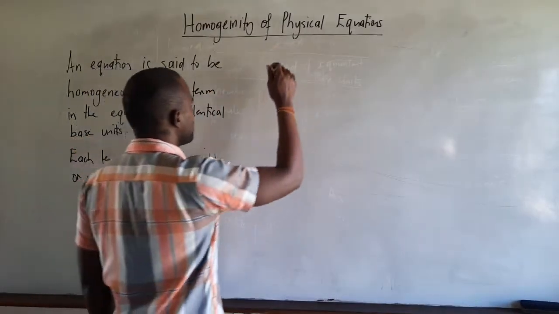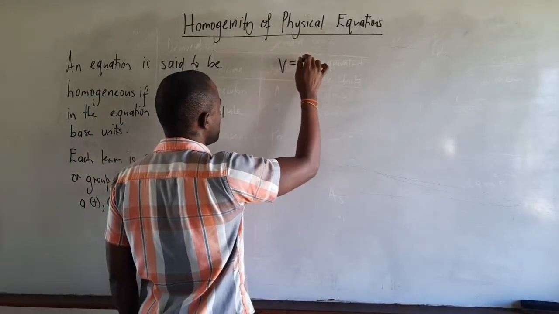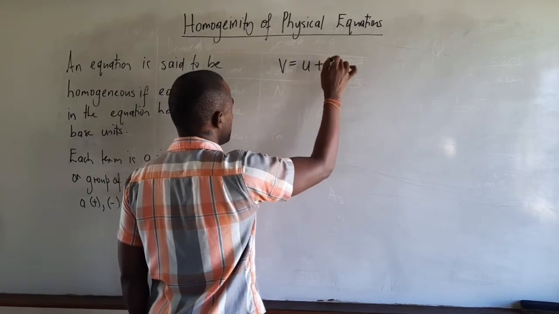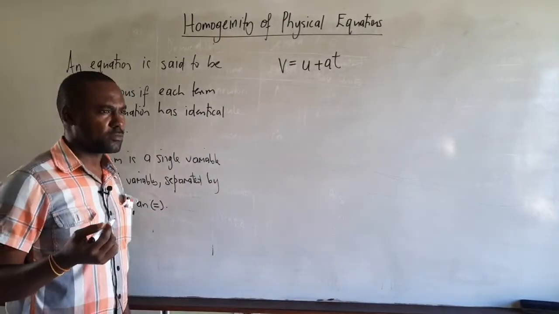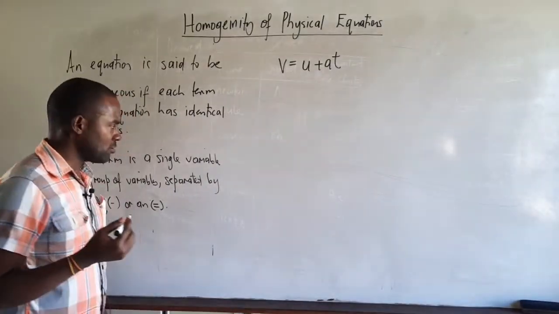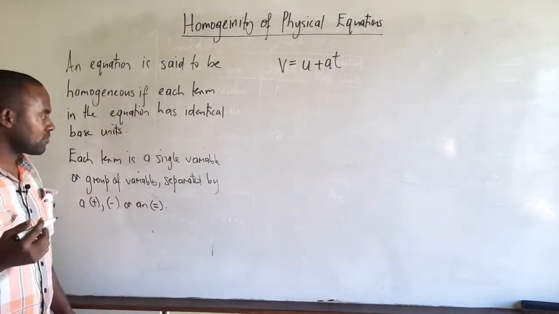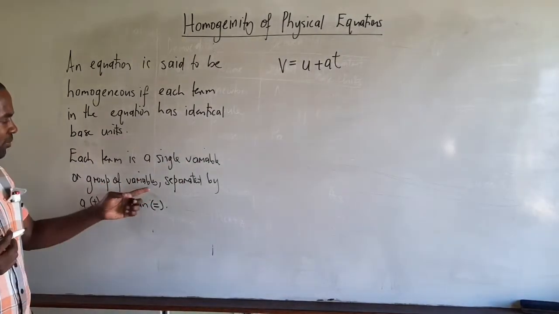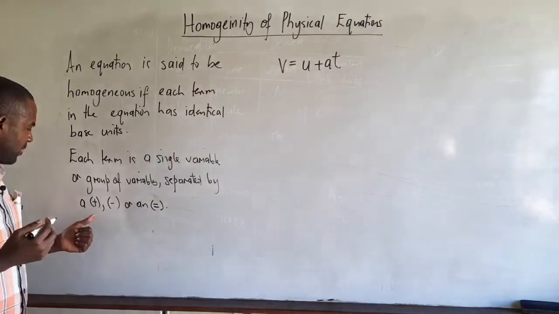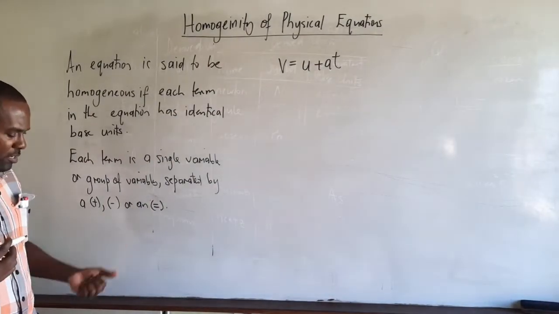The first equation to look at is one of the equations of motion, v equals u plus at. Now, how many terms are in this equation? If you look at our explanation of what a term is, we said each term is a single variable or a group of variables separated by a plus sign, a minus sign, or an equal sign.